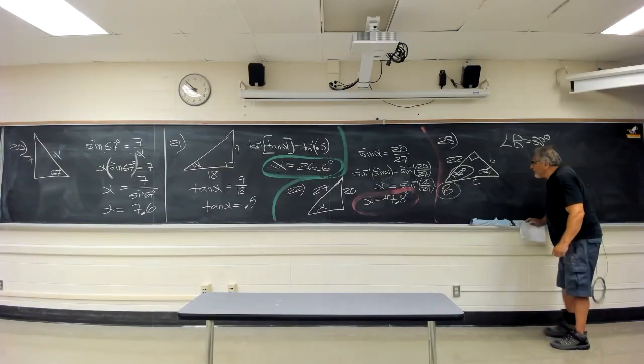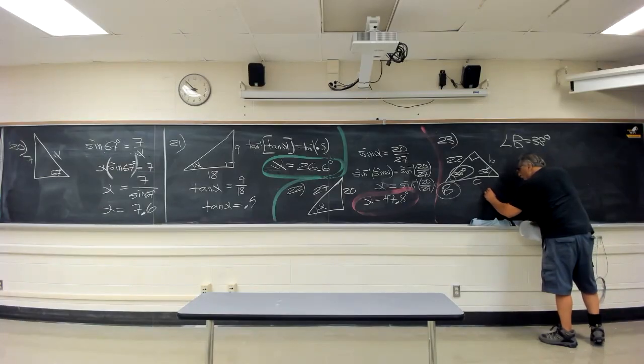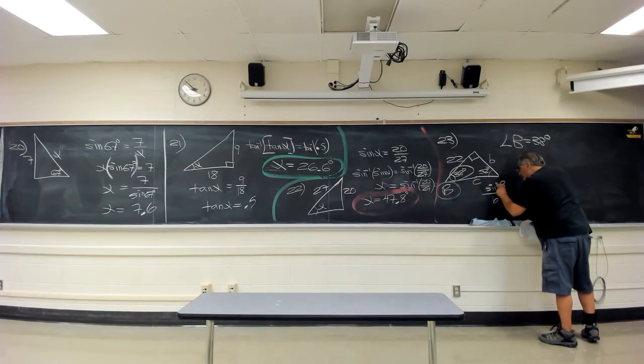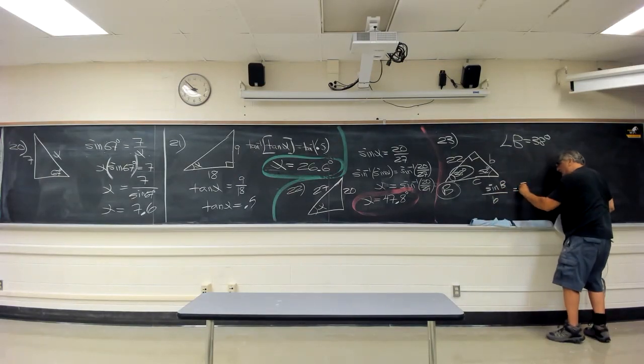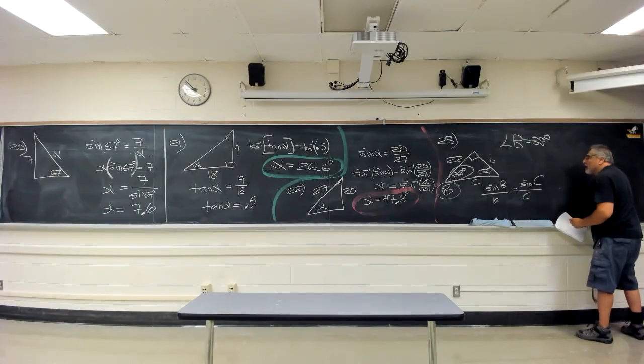There's a lot of ways to do this, but the law of sines is probably the best way to do it. You could go sine of B over small b is equal to the sine of big C over small c is equal to sine of A. I mean, there's a lot of stuff here, guys.